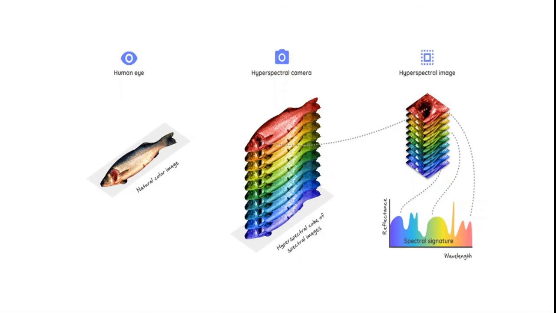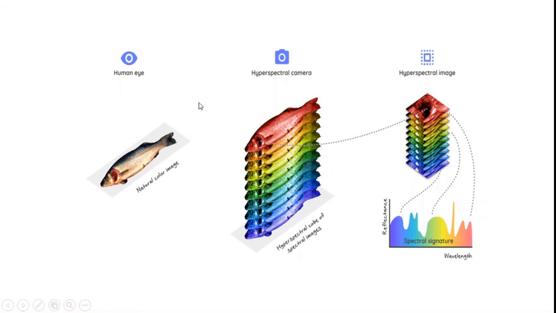This is an image which shows a hyperspectral remote sensing example. So this is a fish. You can see the fish in a natural color image, using visible radiations, that is RGB, and a human eye can see the fish in this color.